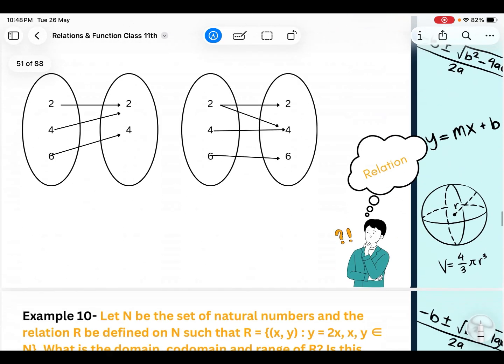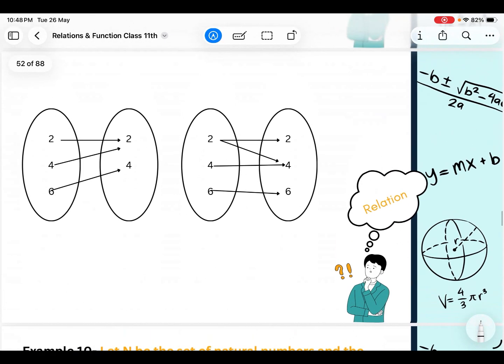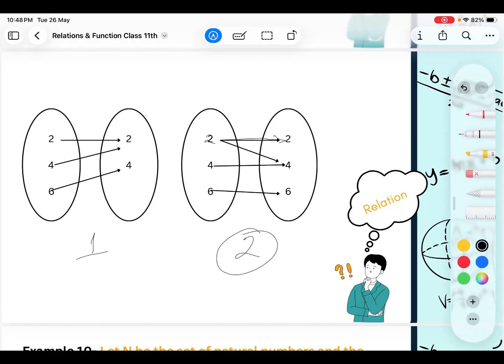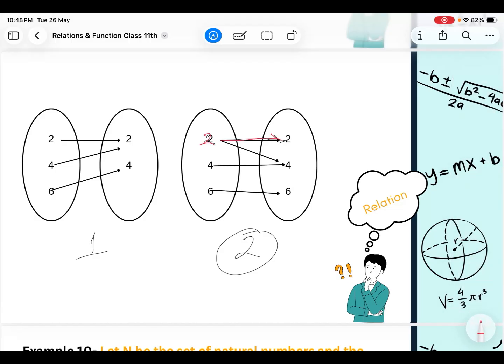In this example, which was our first example, it is a function. In the second example, there is one input 2, and for 2 we have two different outputs, 2 and 4 as well.